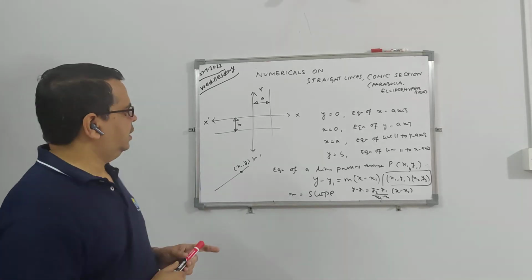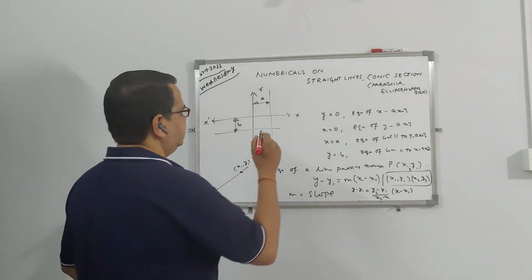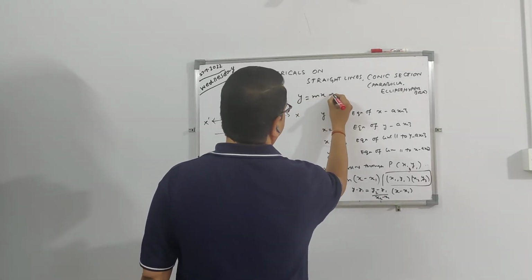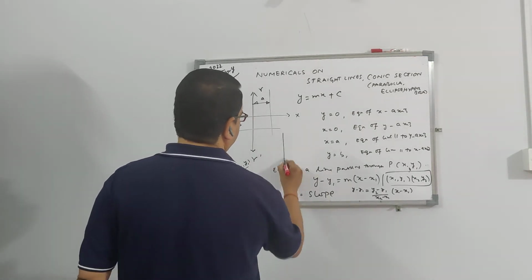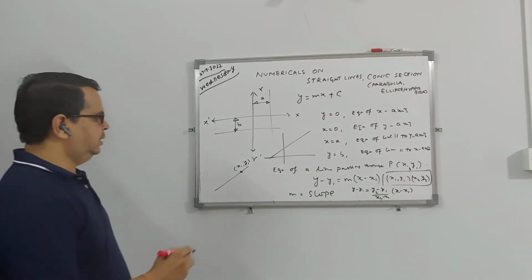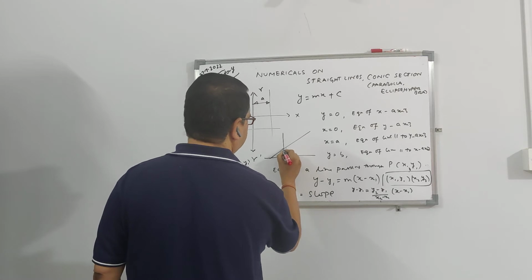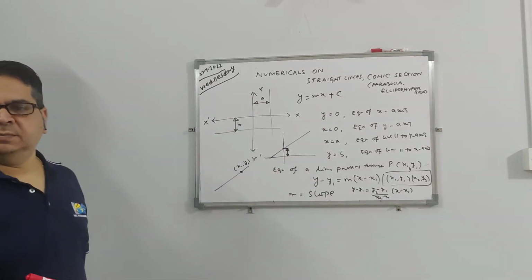And there is another form of writing the equation of a line, that is called slope intercept form: y is equal to mx plus c. Suppose I have a line like that. When x is equal to 0, this value is called the y-intercept.